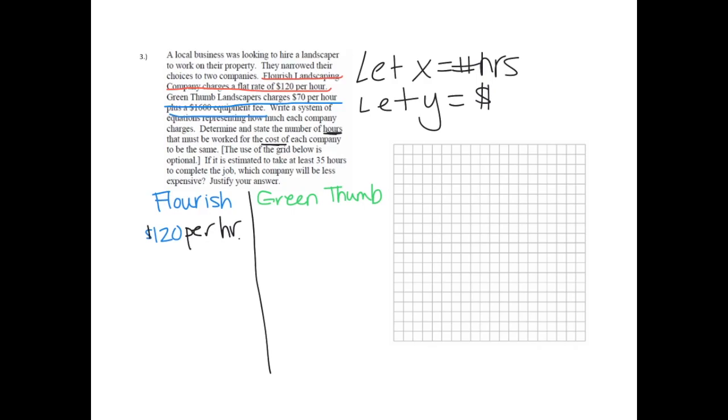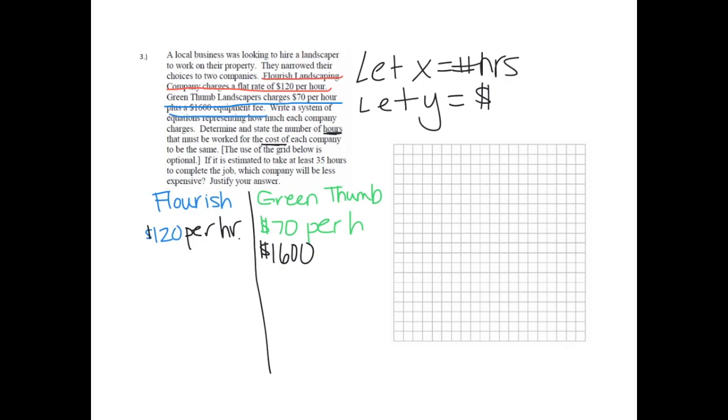Green Thumb charges an hourly rate of $70 per hour. Now, Flourish doesn't have anything extra, but Green Thumb, they're a lot cheaper per hour, but guess what? You have to add on a $1,600 equipment fee. Yikes.